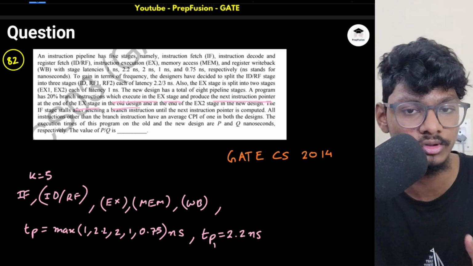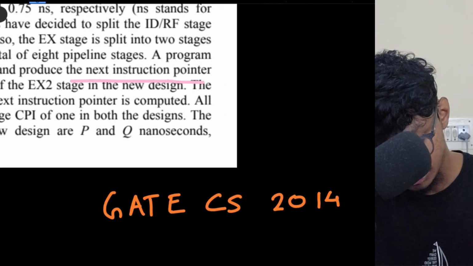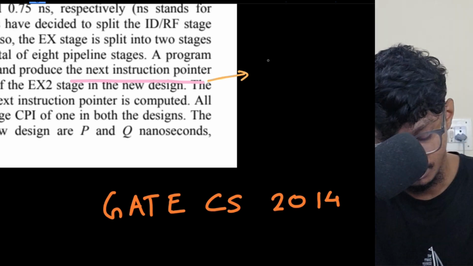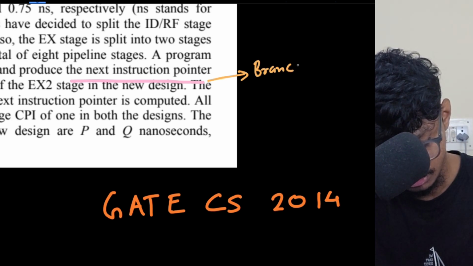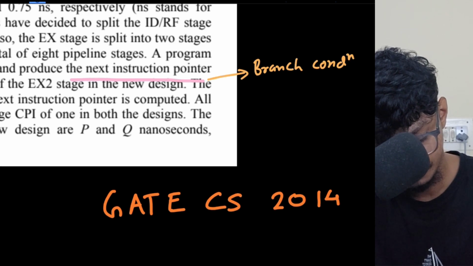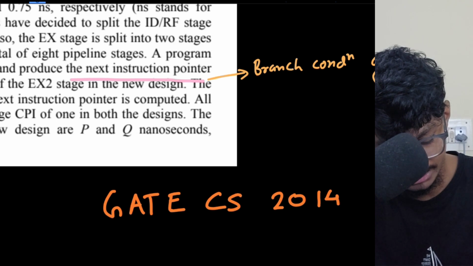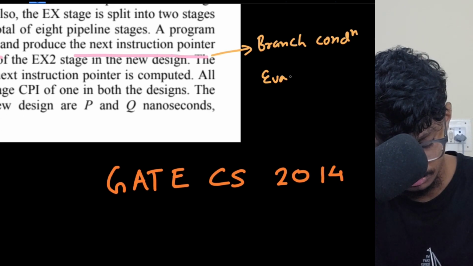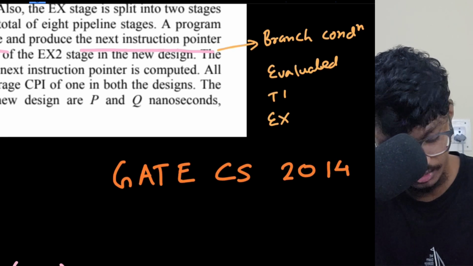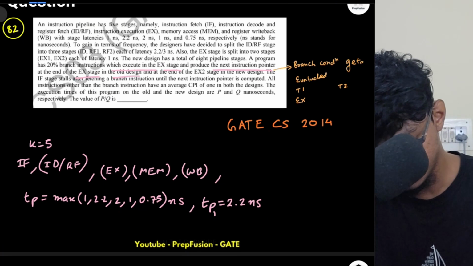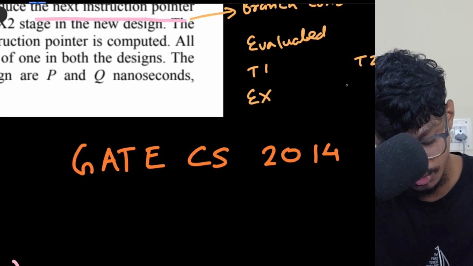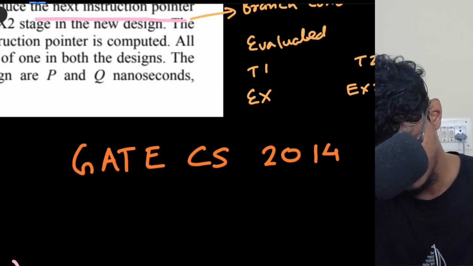I told you, they will give you in the question when the branch condition gets evaluated. For type 1, it gets evaluated after the execution stage, and for the type 2 system, it gets evaluated at the end of the execution 2 stage. Okay, fine.